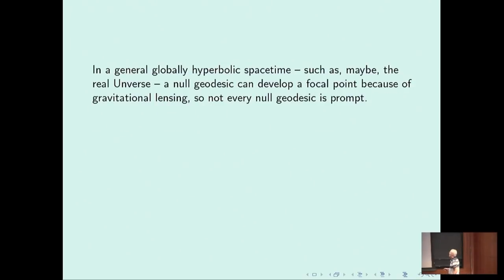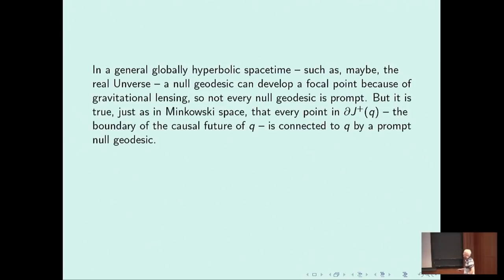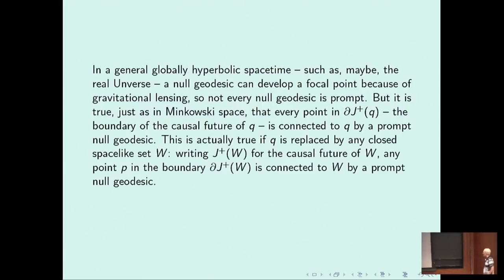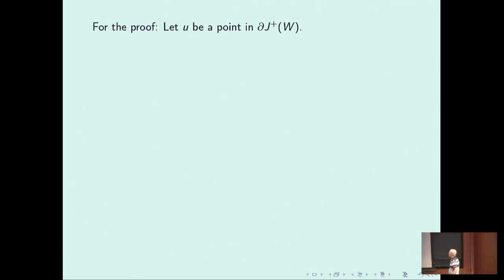So, a null geodesic might develop a focal point, but there's an important fact that's true just as in Minkowski space. Every point in the boundary of the future of a set Q, the boundary of the causal future of Q, is connected to Q by a prompt null geodesic. That's actually true for any set W, any space-like set W. So here's the proof.